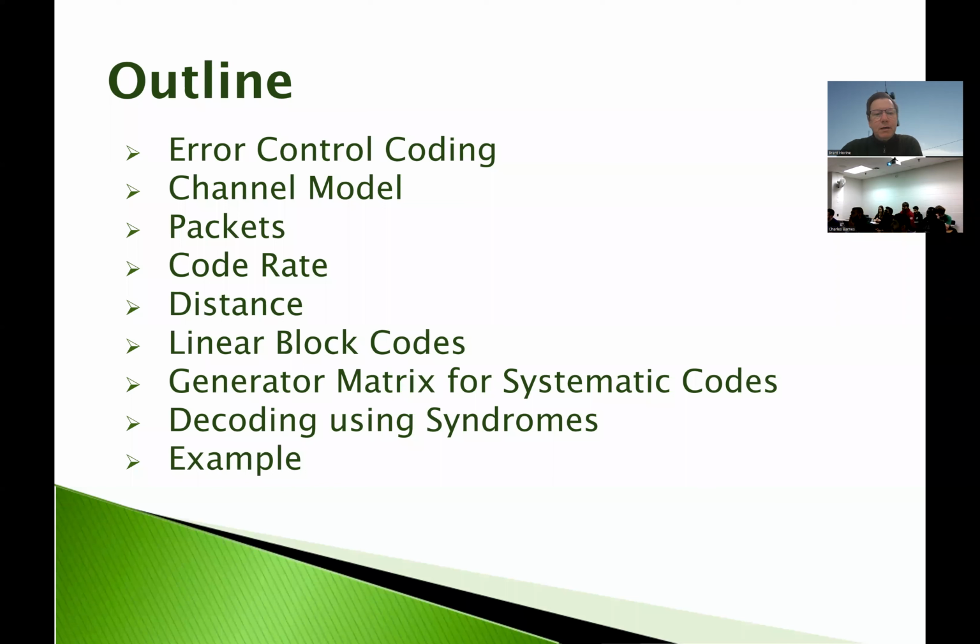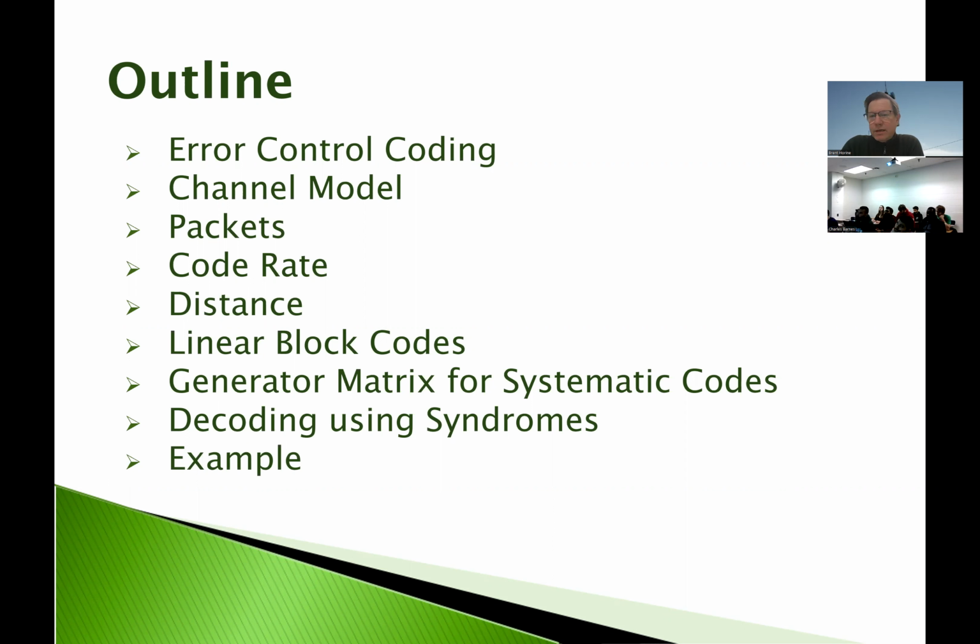All right, so yeah, error control coding. We'll look at a channel model that we adopt for a lot of these cases. We'll talk about how we often packetize data when we transmit them, and how that applies here.